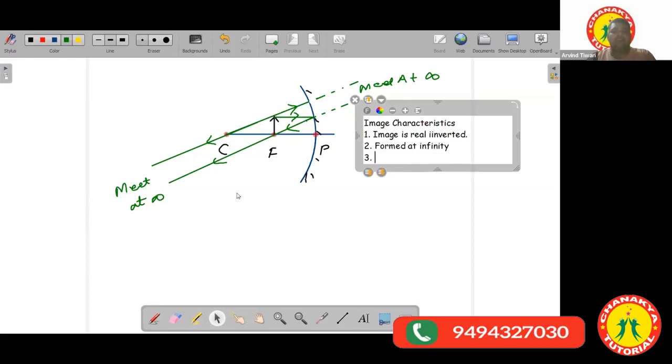Then the third one we will say is the image size. We will say it's highly magnified. So let's see what we say when it is highly magnified.